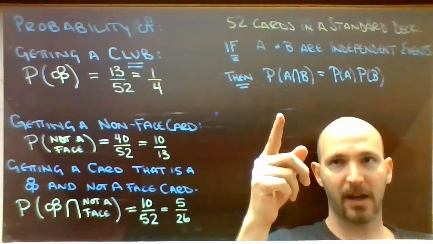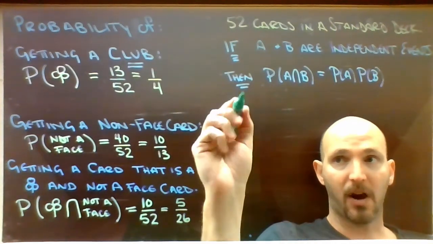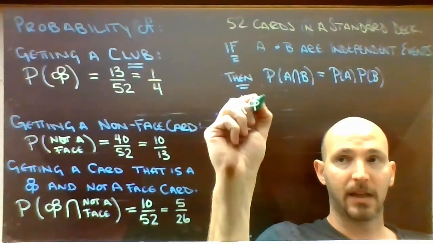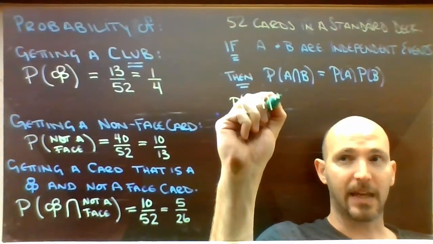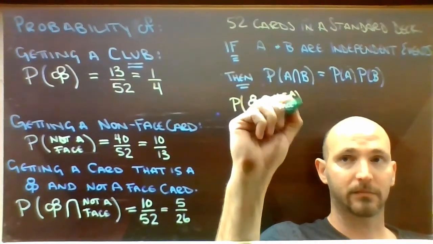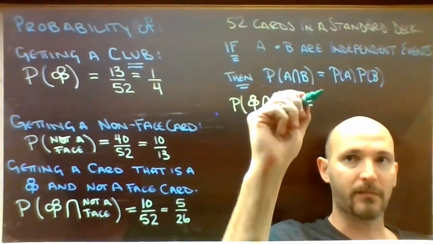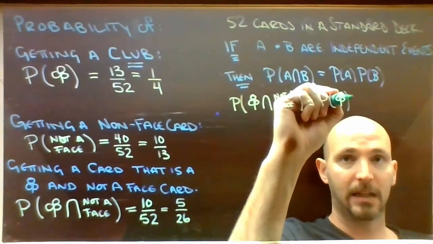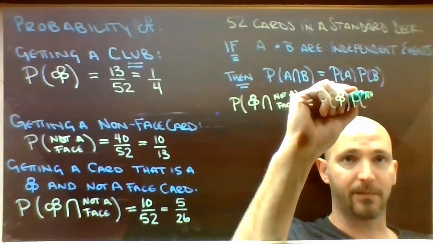So if I were to try and use this formula then, the probability of being a club and not a face should be the probability of getting a club and the probability of it not being a face card.